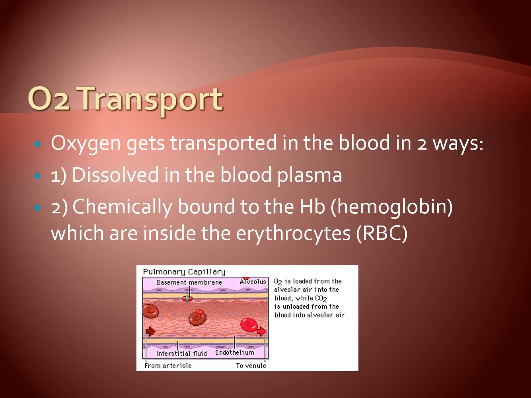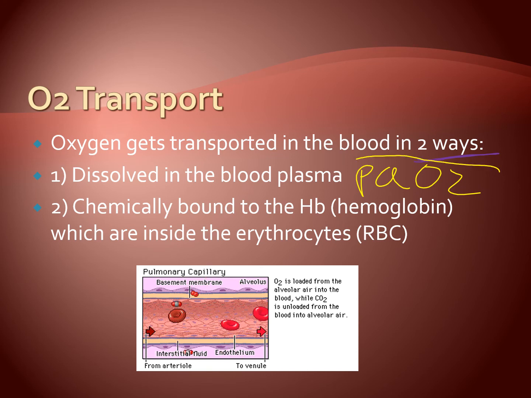All right, so how does oxygen get transported? Remember, there's two ways oxygen gets transported. It's either dissolved in the plasma, and that's where we call this PaO2. PaO2 is how much oxygen is dissolved in the plasma. It still exerts pressure. That's where the P stands for pressure, right? Pressure of arterial oxygen.